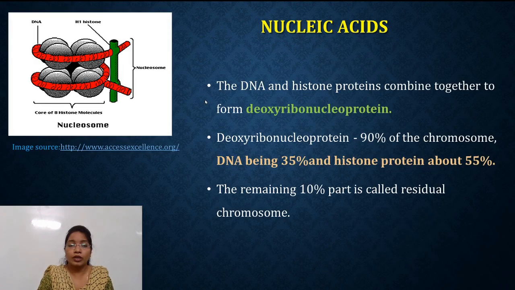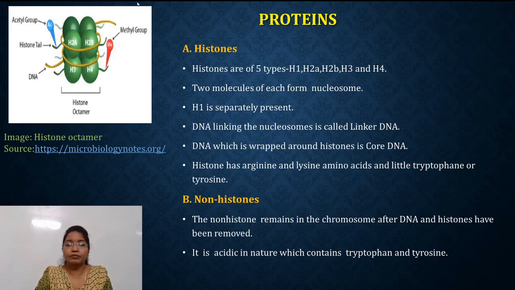Okay. So in previous session or slide we have seen the typical structure of nucleosome. Okay. So in this figure, this is the H2A, H2B, H3, H4. This is an octamer and here H1 protein is not there. H1 protein is separately present.